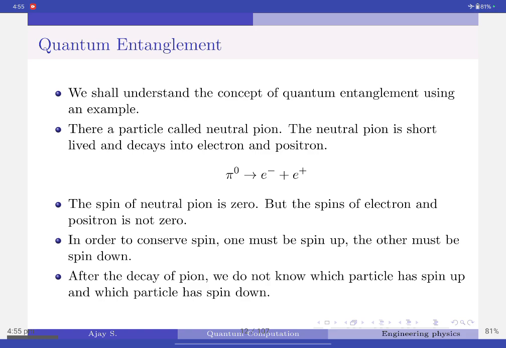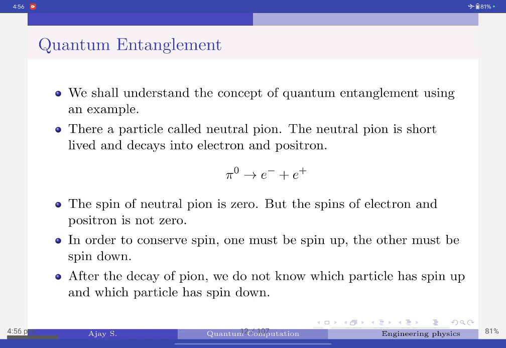The spin of the neutral pion is 0, but the spins of the electron and positron are not 0. Electron has spin half and positron has spin half. In order to conserve spin, one must be spin up and the other must be spin down, such that the total spin is 0 because the pion had spin 0.